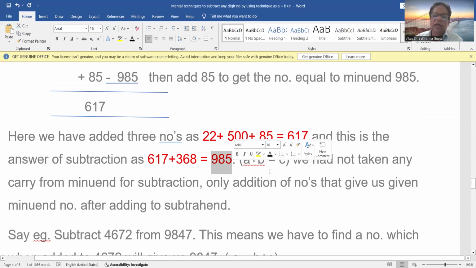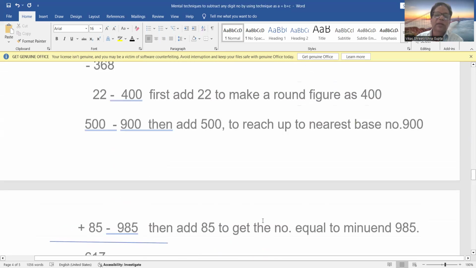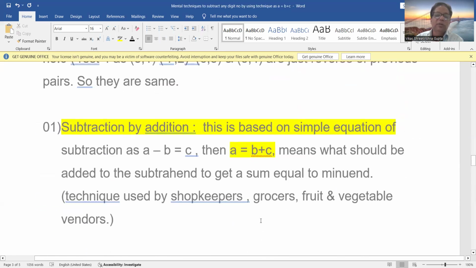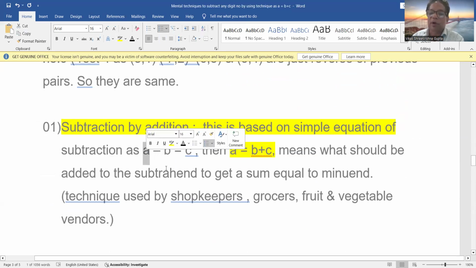Or in other words, A plus B is equal to C. You see, when I'm asking you to subtract B from A, it means I'm asking you to find a number which when added to B will give you the number A. And that is what I have done in this question.